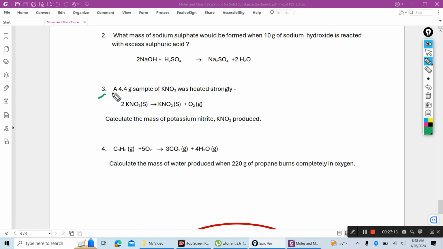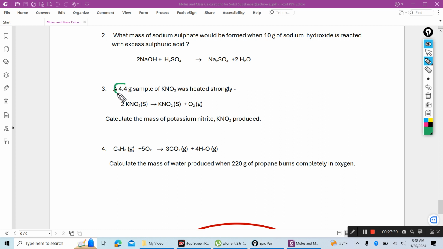Problem 3. A 4.4 gram of potassium nitrate, KNO3 is potassium nitrate, heated strongly. Calculate the mass of potassium nitrite, KNO2 is the potassium nitrite, produced.